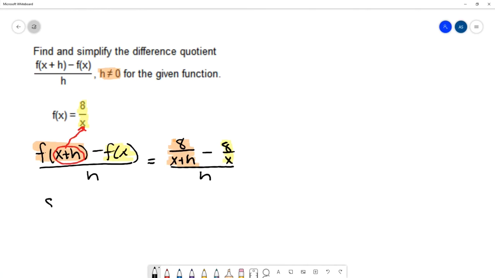So I have 8 over x plus h minus 8 over x over h, and I'm going to get a common denominator for these fractions in the numerator, and that common denominator would be x times x plus h. So I just took this denominator and multiplied it by this denominator to get the common denominator.